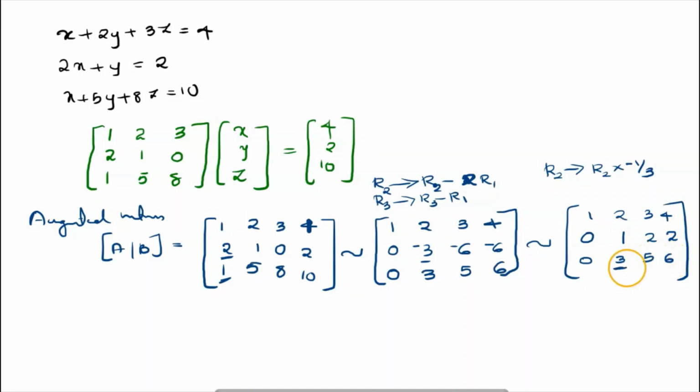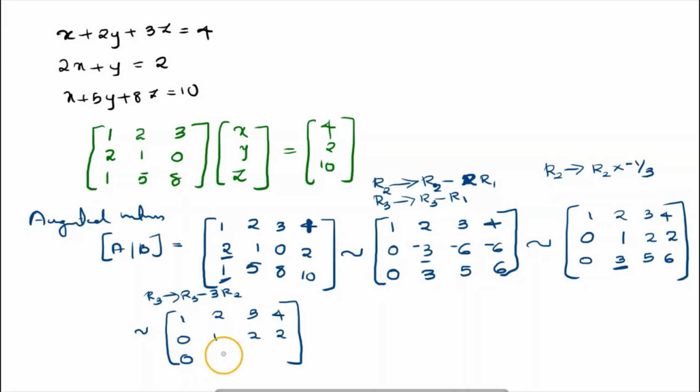Now let's make 3 to 0. That means I'm using the operation R3 gives R3 minus 3 R2. So R1 has no change. R2 is this. R3 is 0 minus 0, 3 minus 3 is 0, 5 minus 6 minus 1, 6 minus 6, 0. So this is in REF.